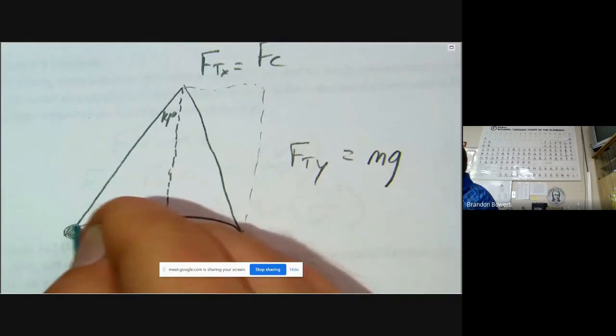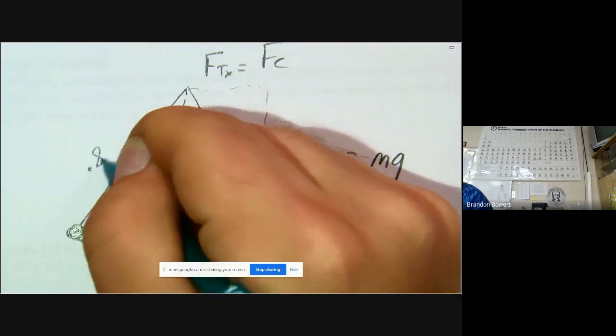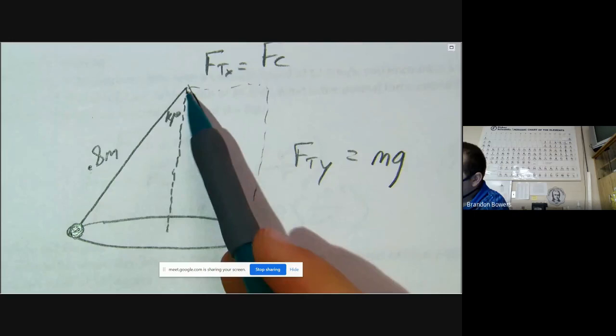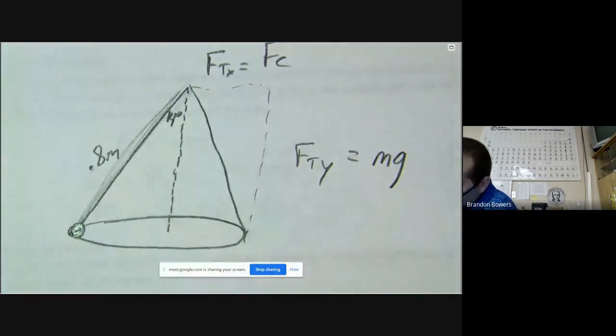Let's say this is my mass over here. We know the length of the string is 0.8 meters. What else do we know? Length. That might be all we know. 14 degrees. We know the mass of the ball.